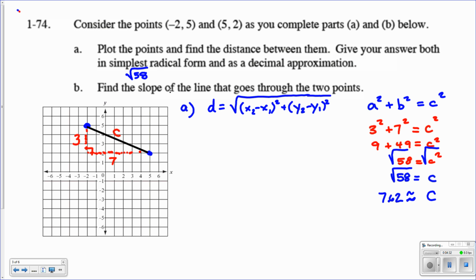Now B says find the slope of the line that goes through the 2 points. Remember, slope is going to be the difference between the y coordinates over the difference between the x coordinates.